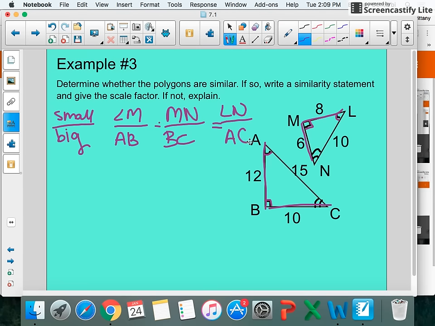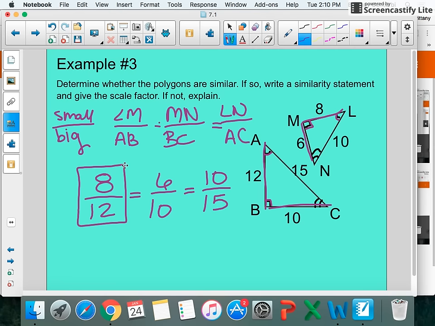So from here, we're just going to plug in our numbers. ML is 8, AB is 12, MN is 6, BC is 10, LN is 10, and AC is 15. Again, I'm going to simplify my fractions separately. 8 over 12, if I divide the top and the bottom by 4, I get 2 over 3. 6 over 10, I divide the top and the bottom by 2, I get 3 over 5.